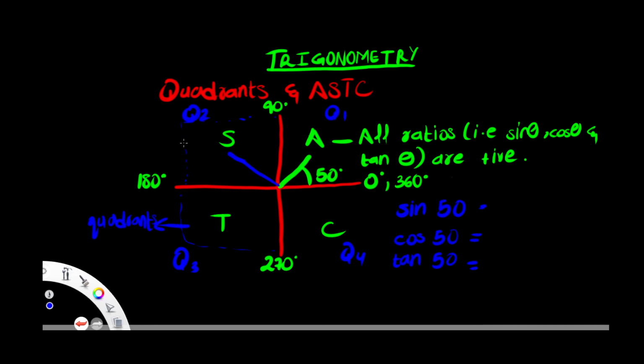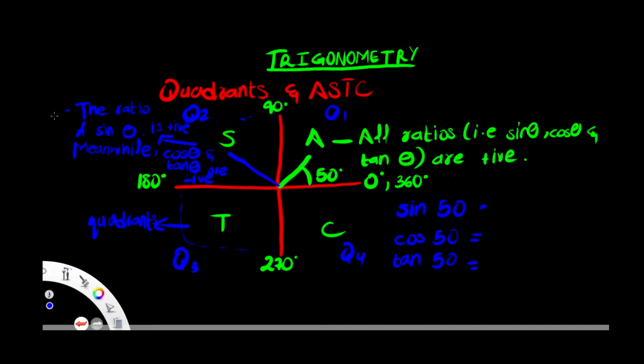In this quadrant, the ratio of sine theta is positive. Meanwhile, cos theta and tan theta are negative. So what do I mean by this?